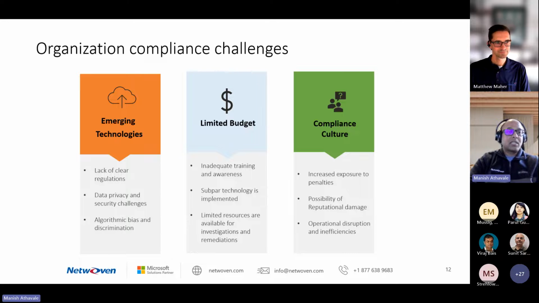Then there are emerging technologies, right? The uncharted regulatory landscape. Let's say, for example, AI, blockchain, and a lot of new technologies coming up. Many of these technologies are outpacing the regulatory landscape, so regulations are not catching up with them.